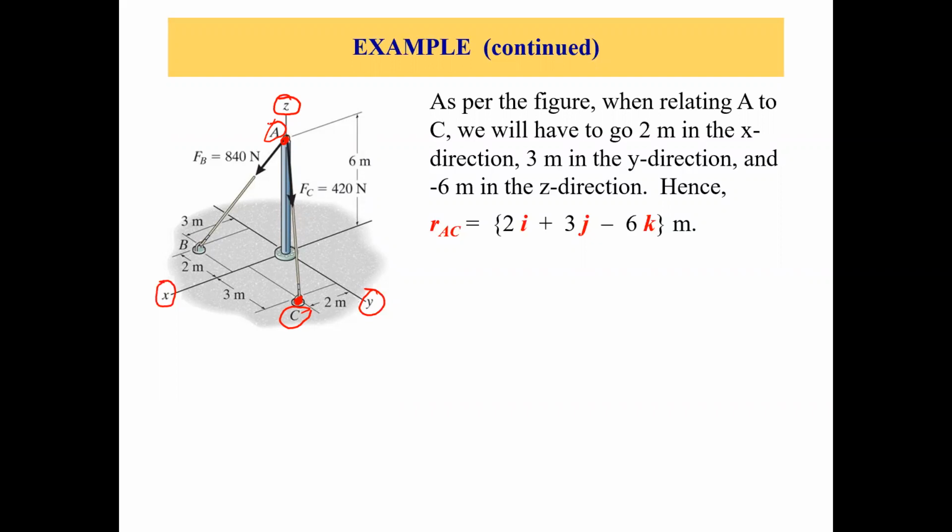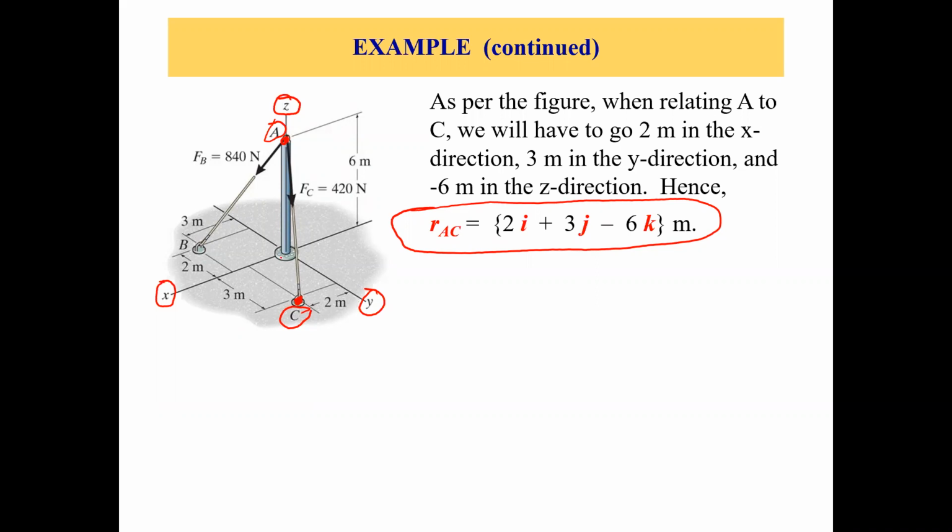So this is your R sub AC: X C minus X A. What is X C? If you look here, X C is 2 meters, and X A is 0.